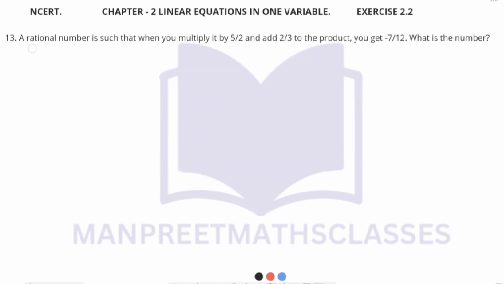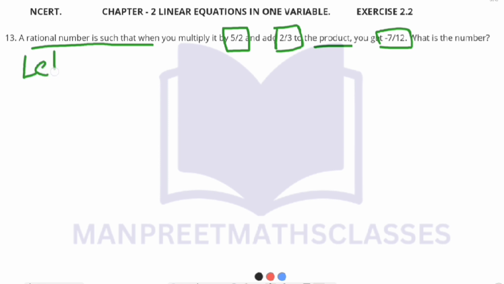Our next question is: a rational number is such that when you multiply it by 5 by 2 and add 2 by 3 to the product, you get minus 7 by 12. So let the required rational number be x.